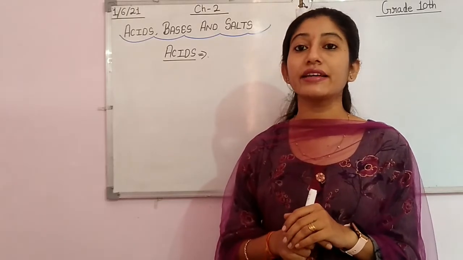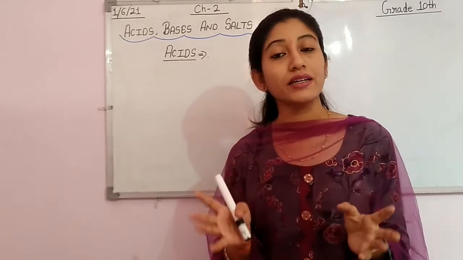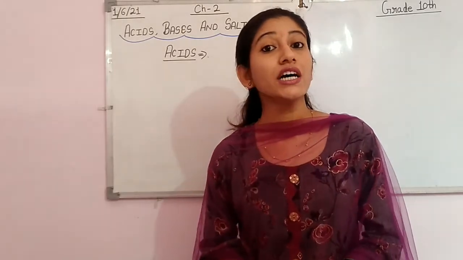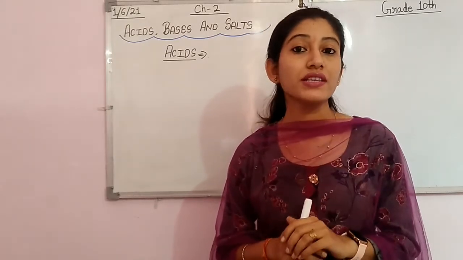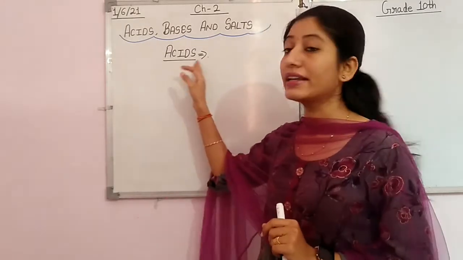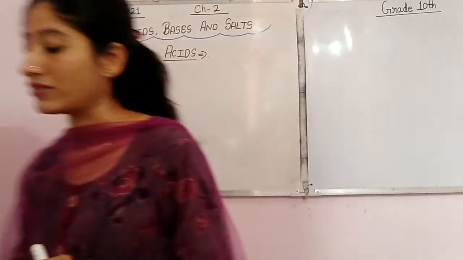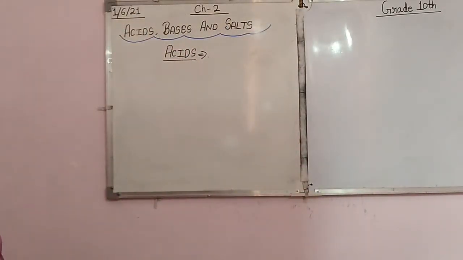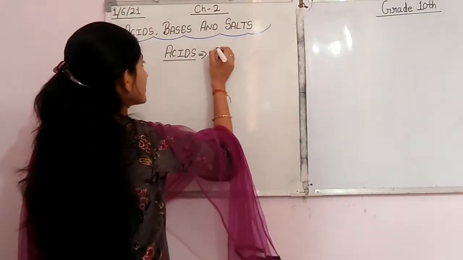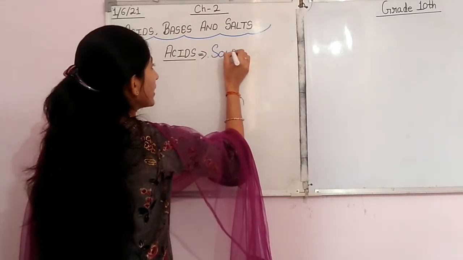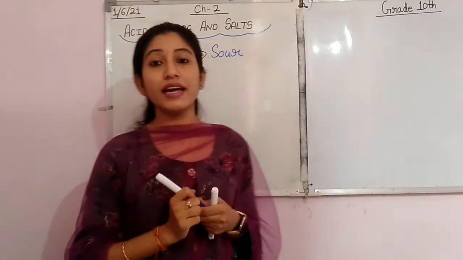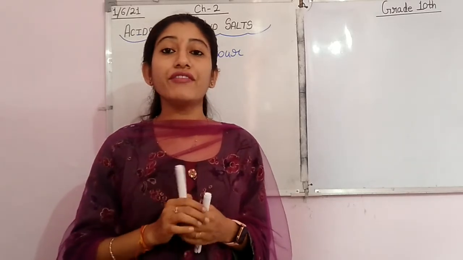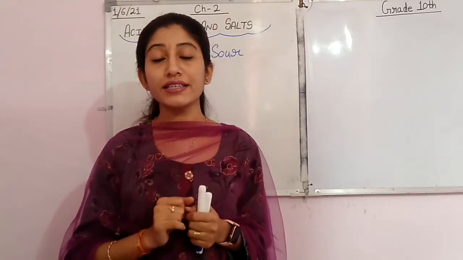The acid that is present in all these items is responsible for its sour taste. So first of all, the very common thing that we say about acids is that they are sour in taste. Now the question arises: is it possible that every time we can taste the acids?